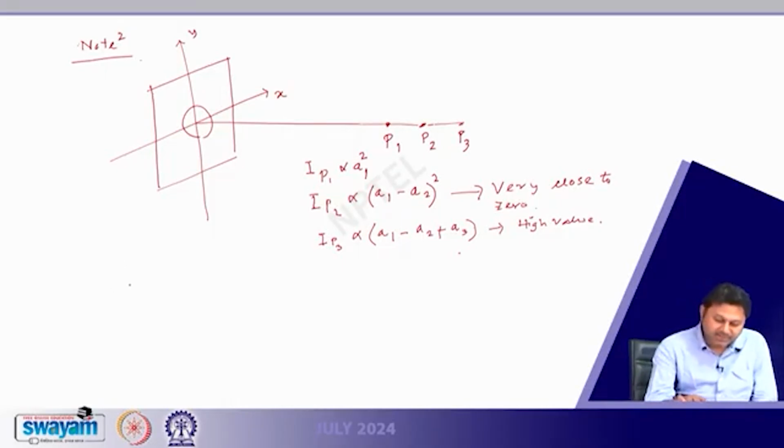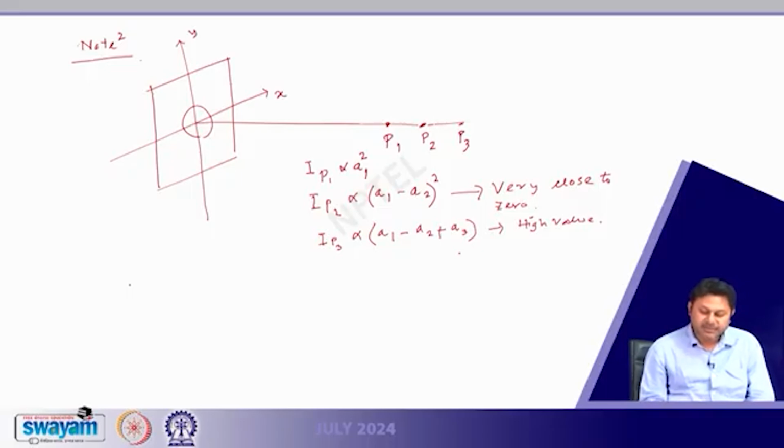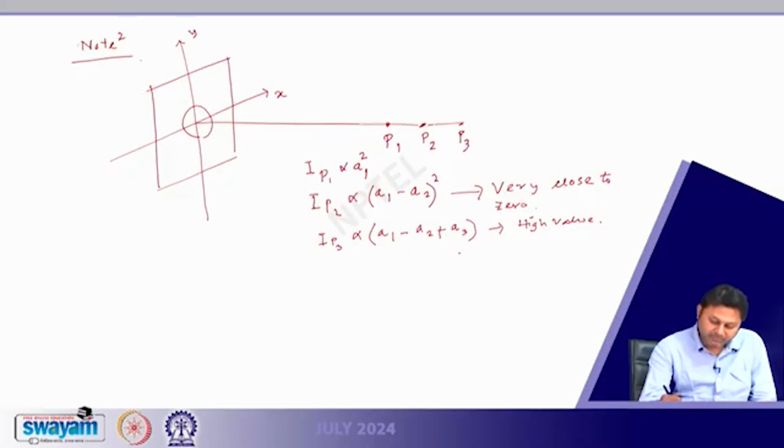One, if I increase this aperture and keep the detector fixed here, capturing intensity, we find that there will be a variation of the intensity, to some extent periodic. I am just drawing a very rough thing. The intensity will go down and up, down and up, something like this.